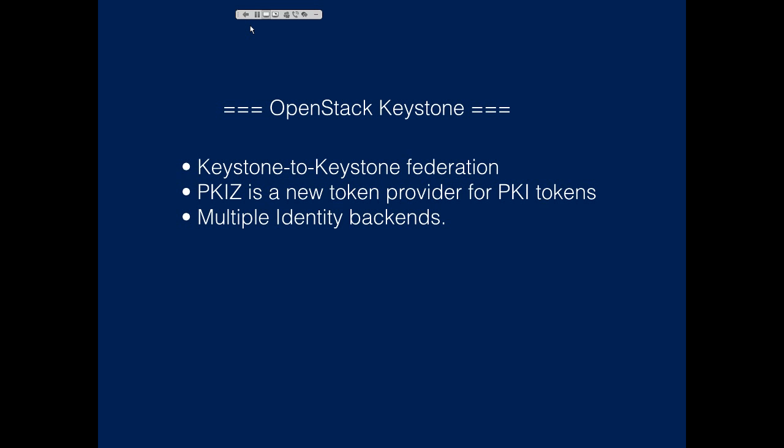So how can their existing users authenticate against these public identity endpoints? Basically, they want to act as an identity provider and add these public clouds as service providers. And there are other use cases like cloud bursting.